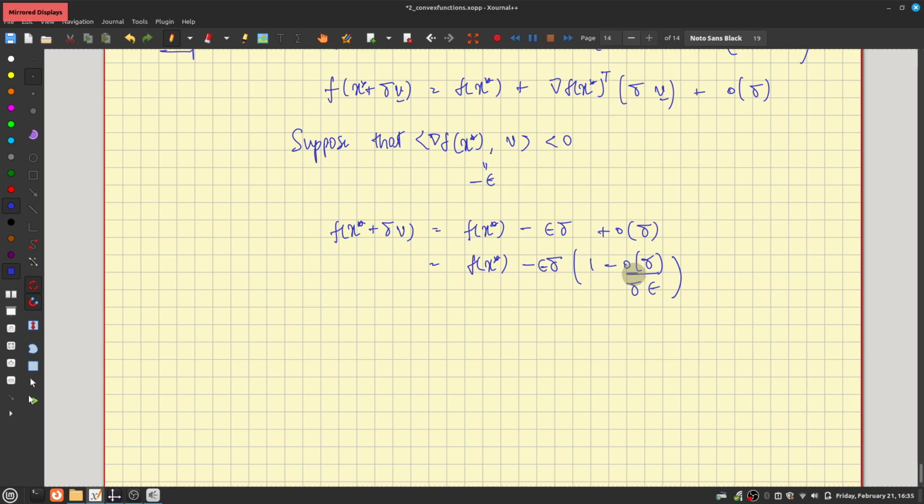So as delta vanishes, this quantity tends to 0, which means that this whole quantity is strictly negative. This is less than 0 for all delta which is sufficiently small, let's say below some particular delta star.